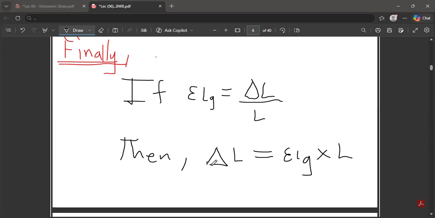So finally, we can use this formula to calculate our change in length.